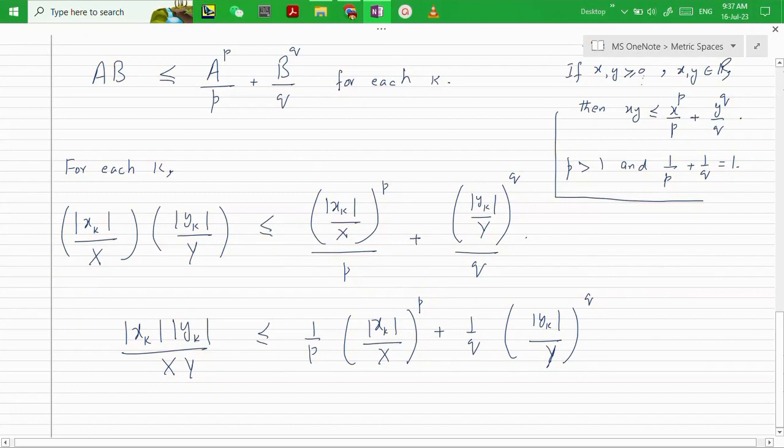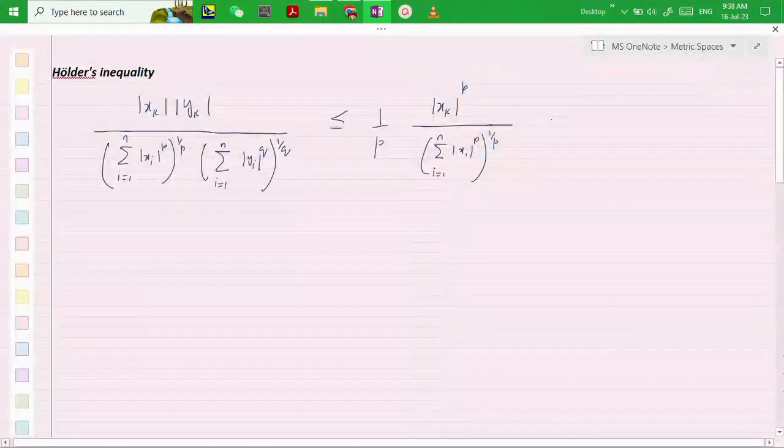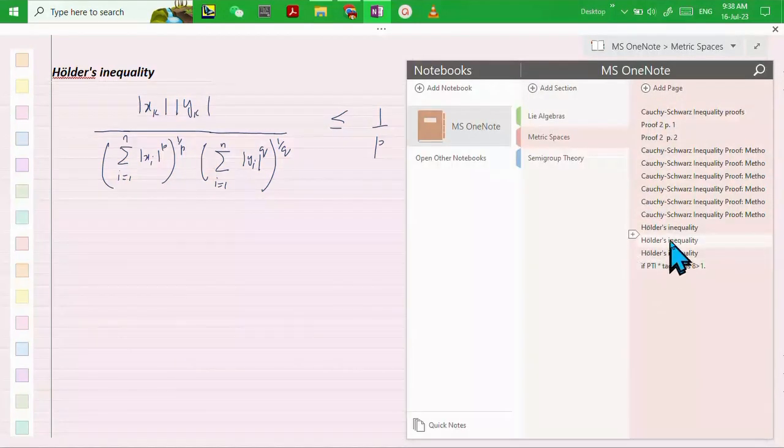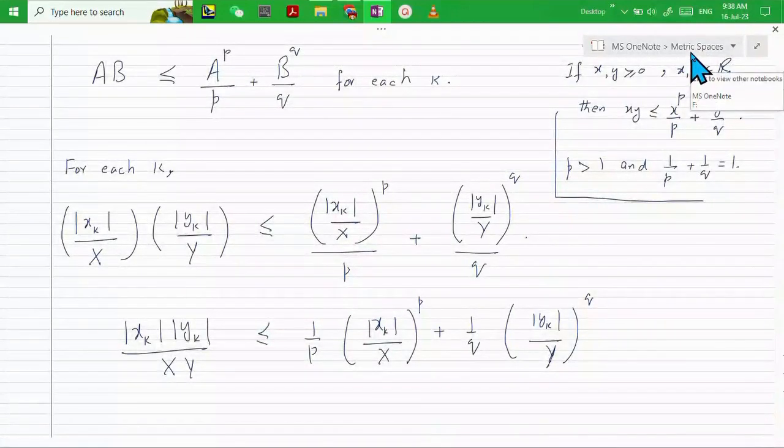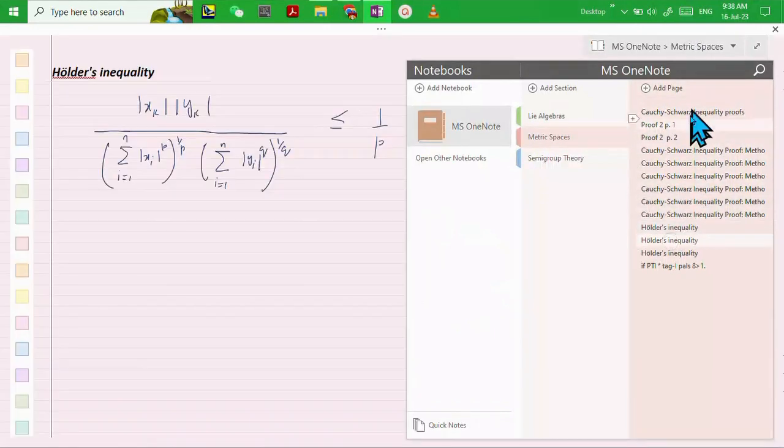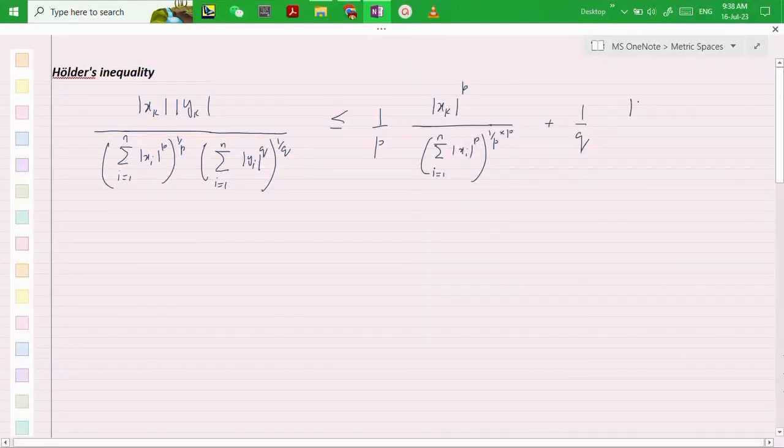Due to this power, plus 1 by q times, in the same way, mod of yk power q divided by summation i from 1 to n mod of yi power q raised to the power 1 by q.